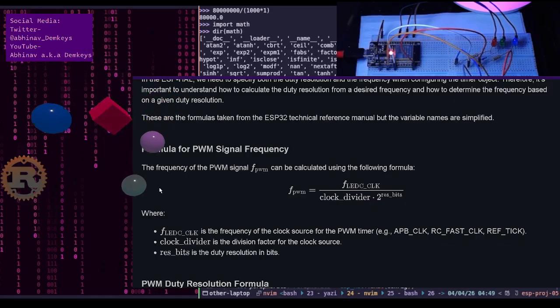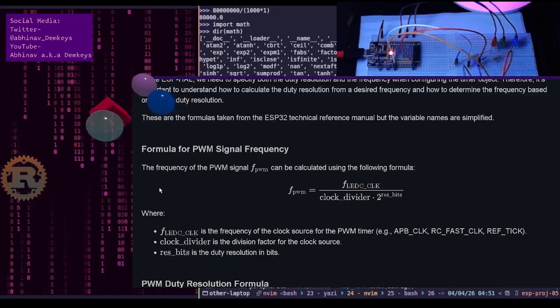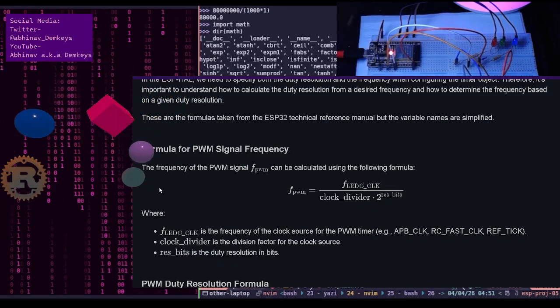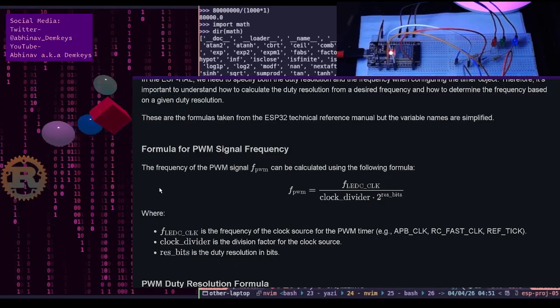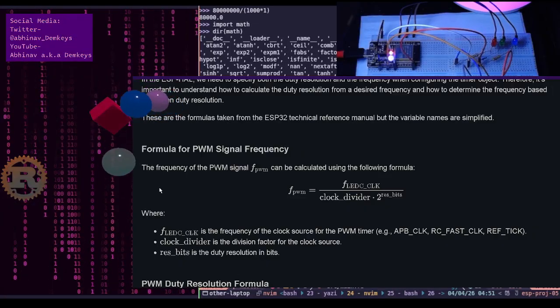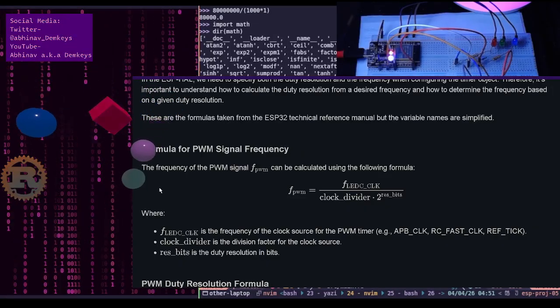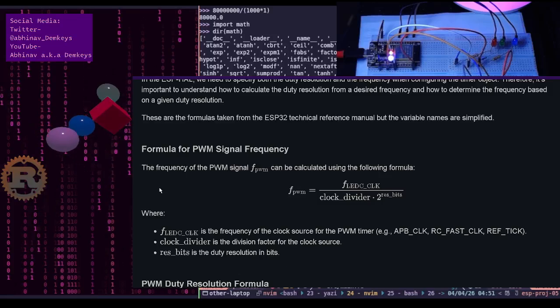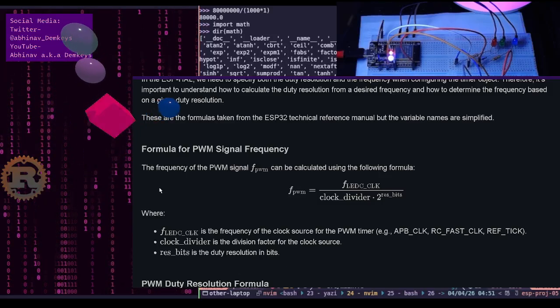Hopefully, before tomorrow's stream, I will have already wrapped my head around the concept of these extra calculations and why they're necessary, how they work, and all of that stuff, and then we'll be able to do the LED fading effect practically. But yeah, dude, we made some good progress today.